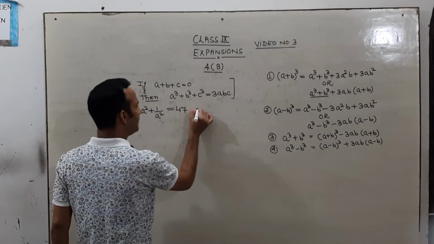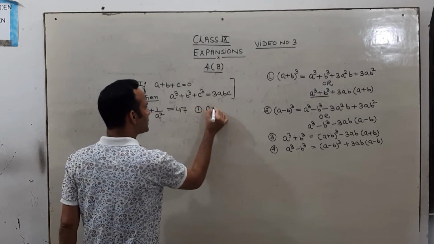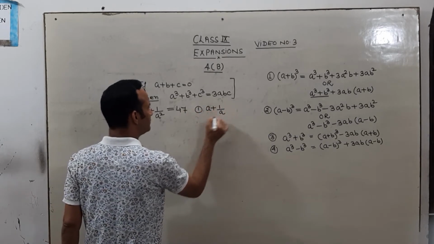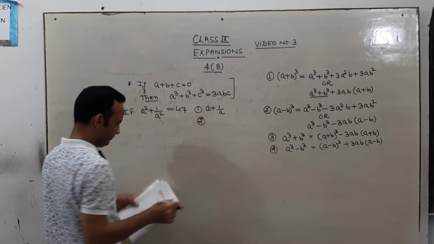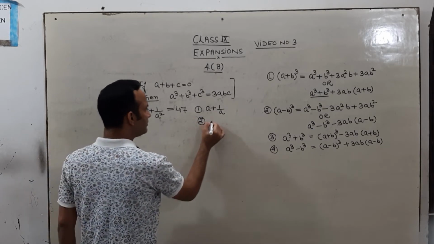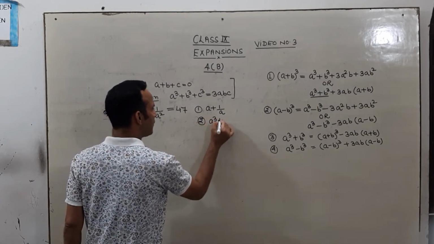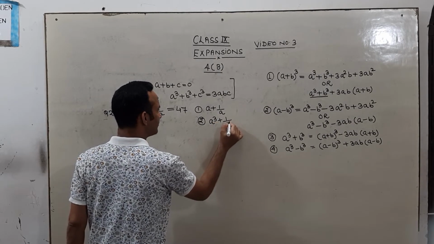We have to find a + 1 upon a, and second is a cube + 1 upon a cube.